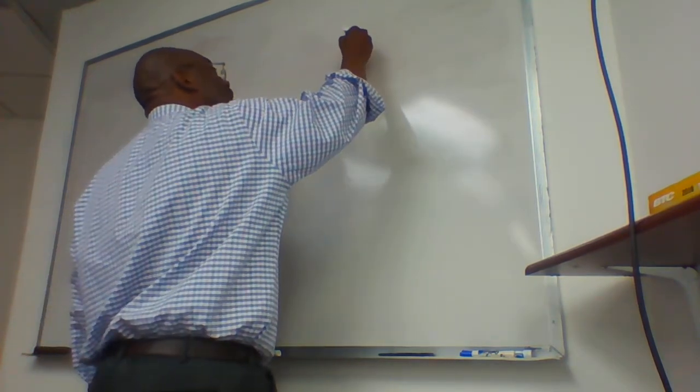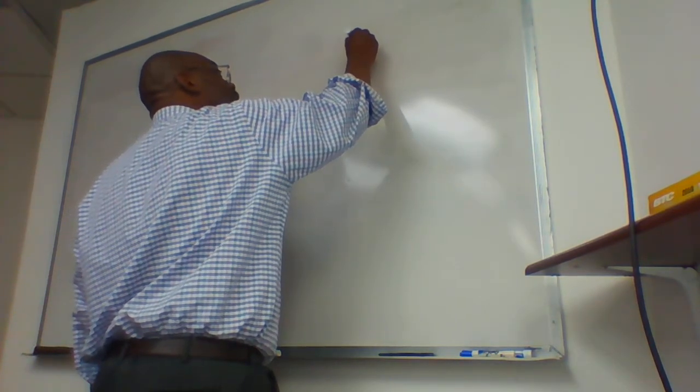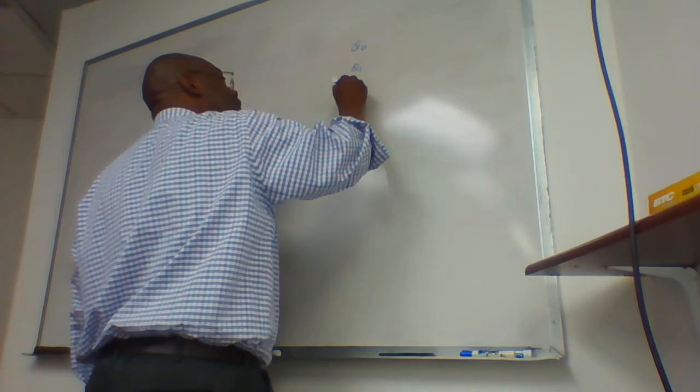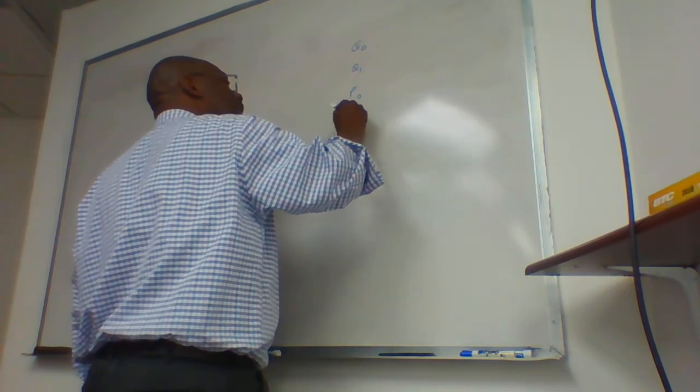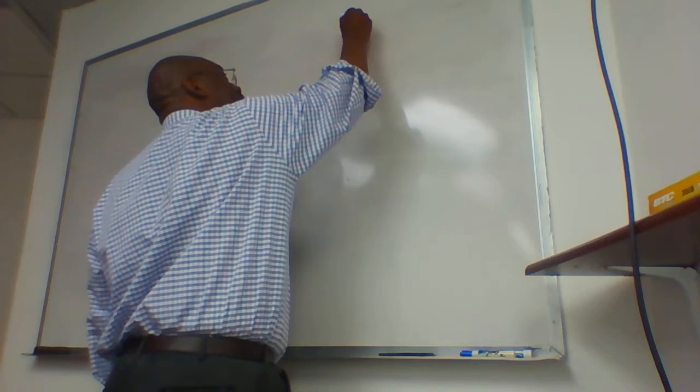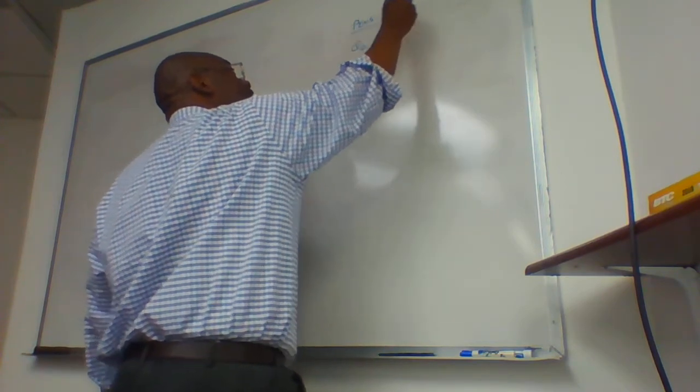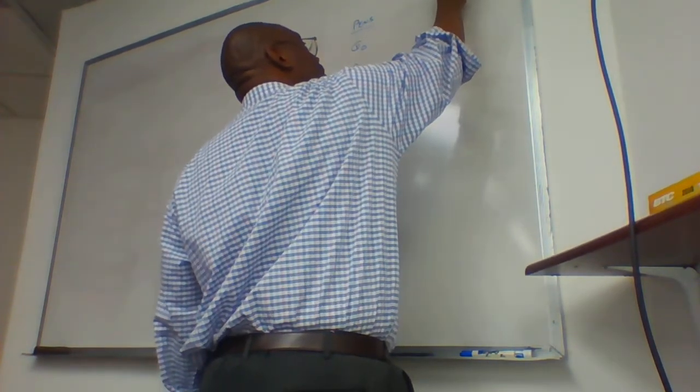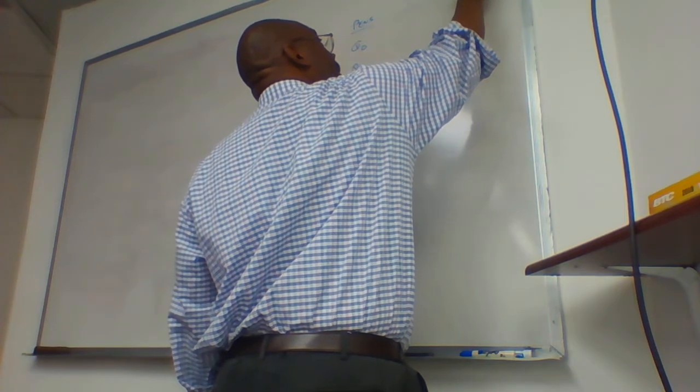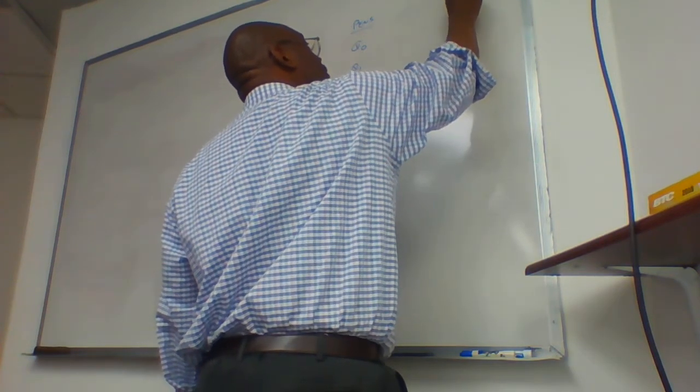So I have Q0, Q1, P0, P1 of pens. And here's pencils, and Q0.